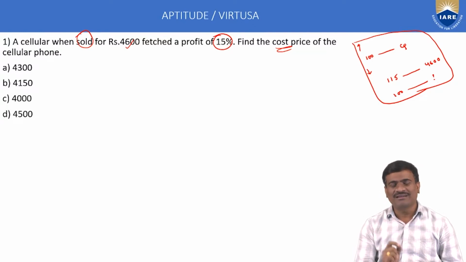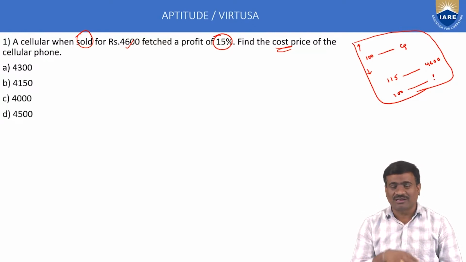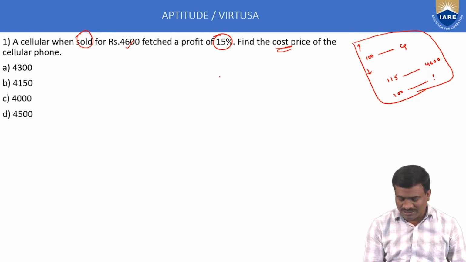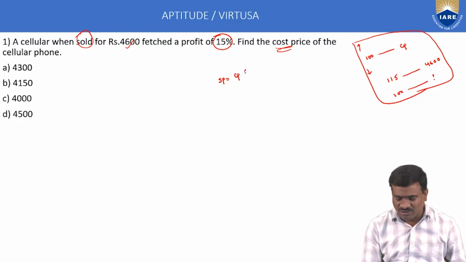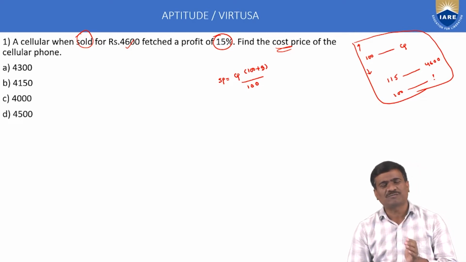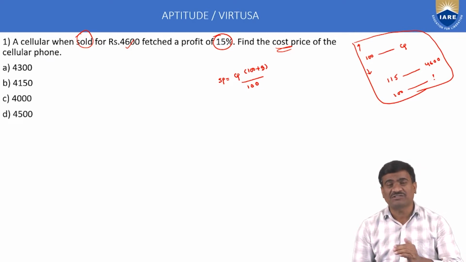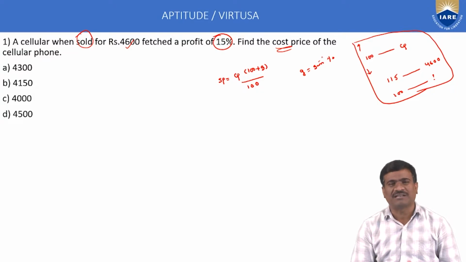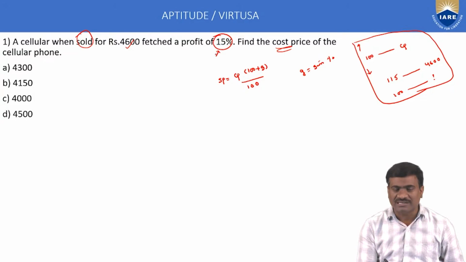Second method, using the formula method. The relation between selling price and cost price when profit is given: we know that selling price is equal to cost price into (100 plus G) by 100, where G indicates gain percentage or profit percentage, that is 15% given.